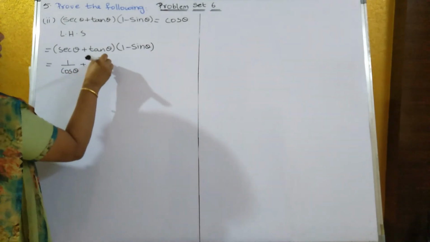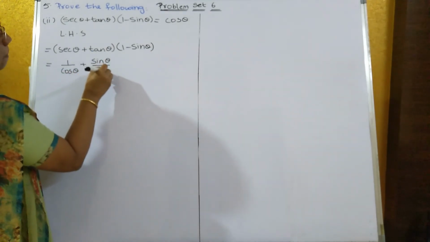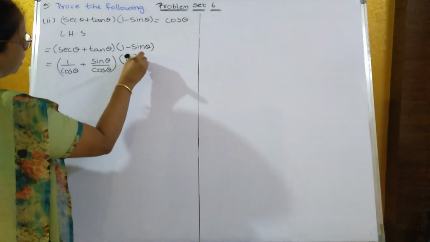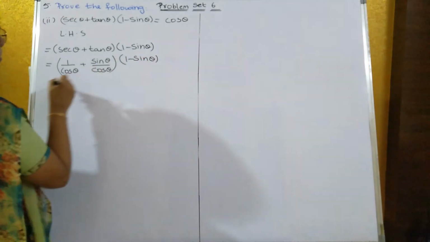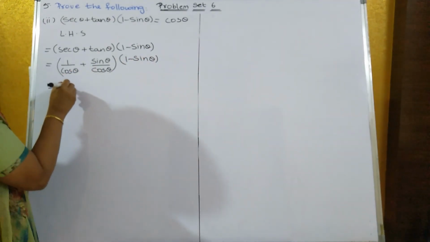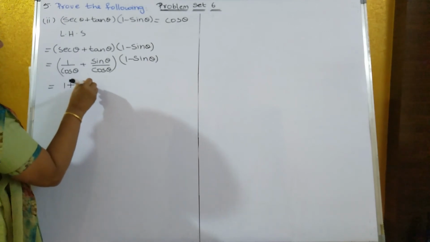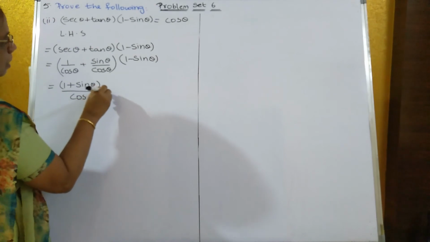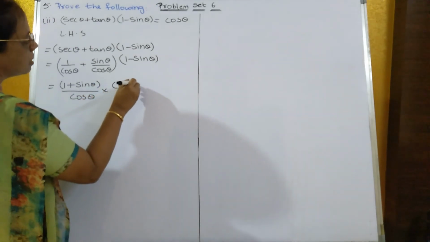Sine theta upon cos theta, into 1 minus sine theta. This will remain as it is. So that's equal to, now denominator is already equal, so what you'll get? 1 plus sine theta upon cos theta into 1 minus sine theta.